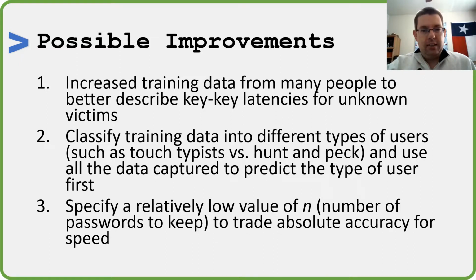And the other thing you could do, and they didn't really talk about this, is manipulate the number of passwords you keep, and you can possibly even trim down that number even within the model, and trade absolute accuracy for speed.